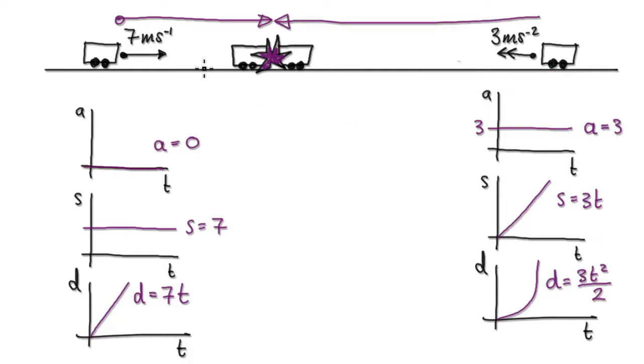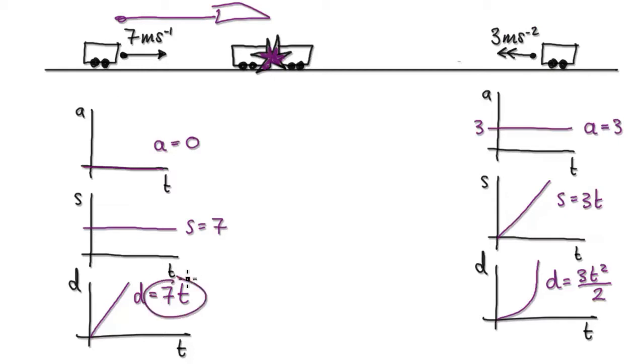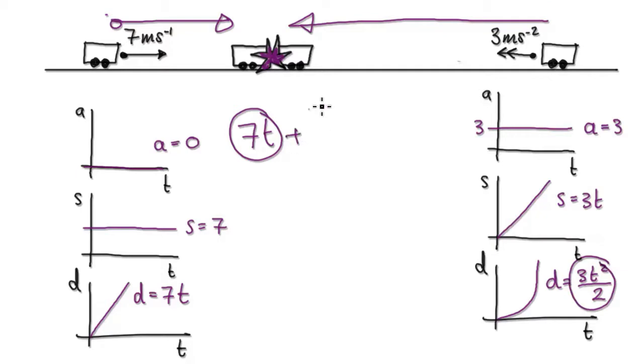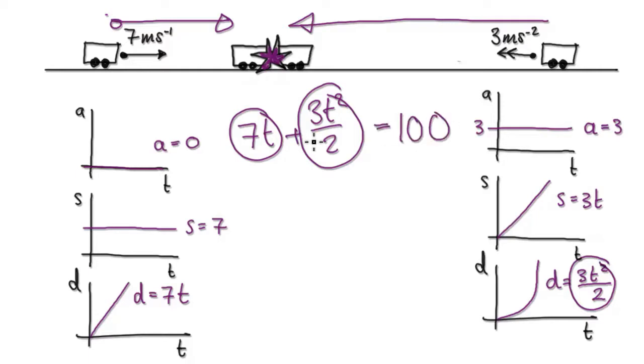So to describe the crash, the distance traveled by this car is 7t, and the distance traveled by this car is 3t squared over 2. At the time in which they crash, this distance plus this distance must equal 100. That's when the two cars will crash.